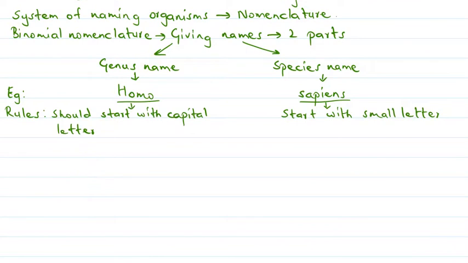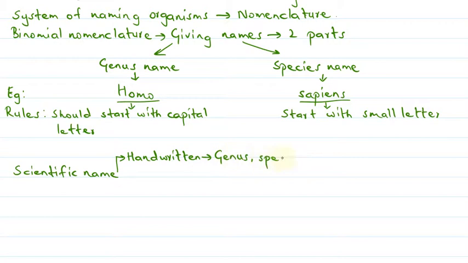The next rule is that if the scientific name is handwritten, then the genus as well as the species name should be underlined.